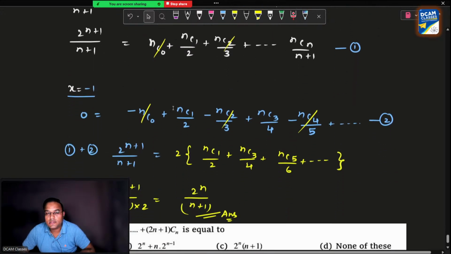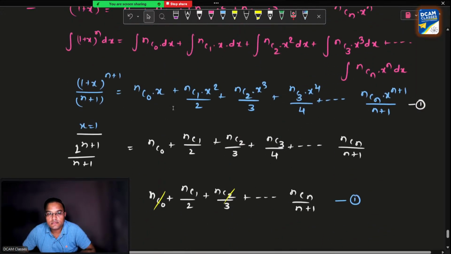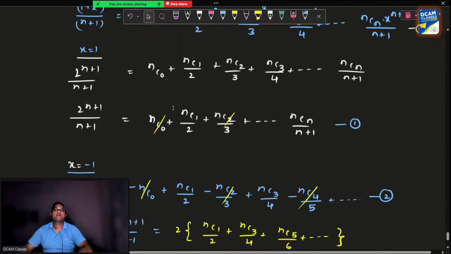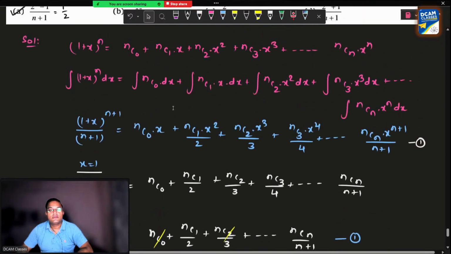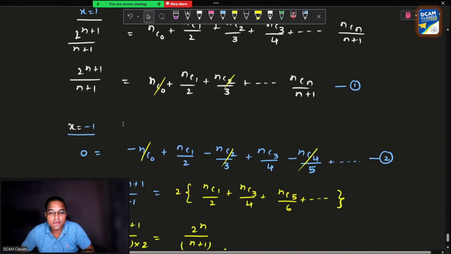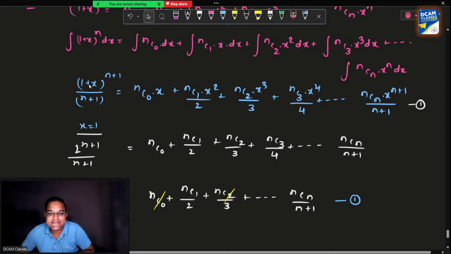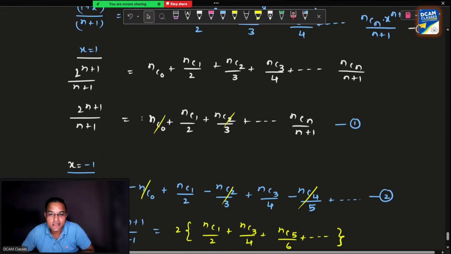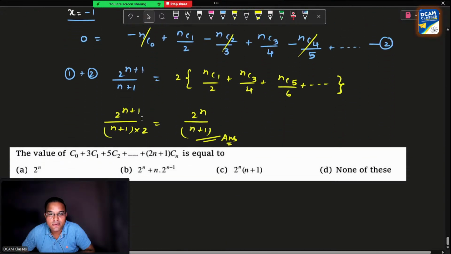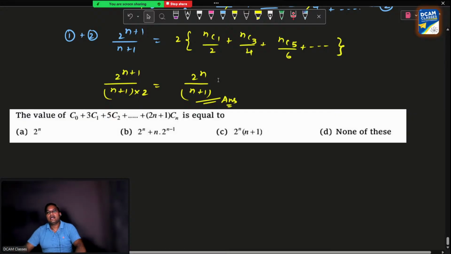We are correct actually. Acha, x is equal to minus 1 we have put now. Okay. Correct. x is equal to minus 1 means this 1 minus 1 will be 0. 0 power n plus 1 is 0 only. Correct. No problem. Right, everything was right. I'll check.